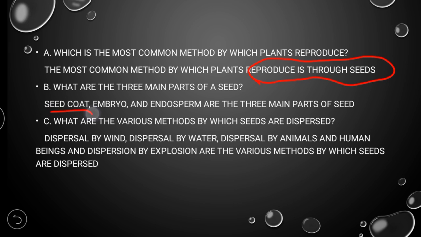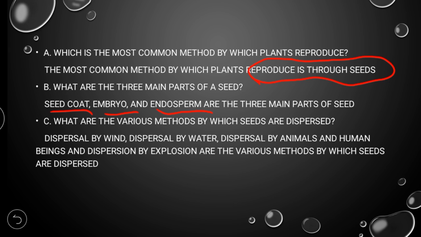Seed coat, embryo and endosperm are the 3 main parts of a seed.